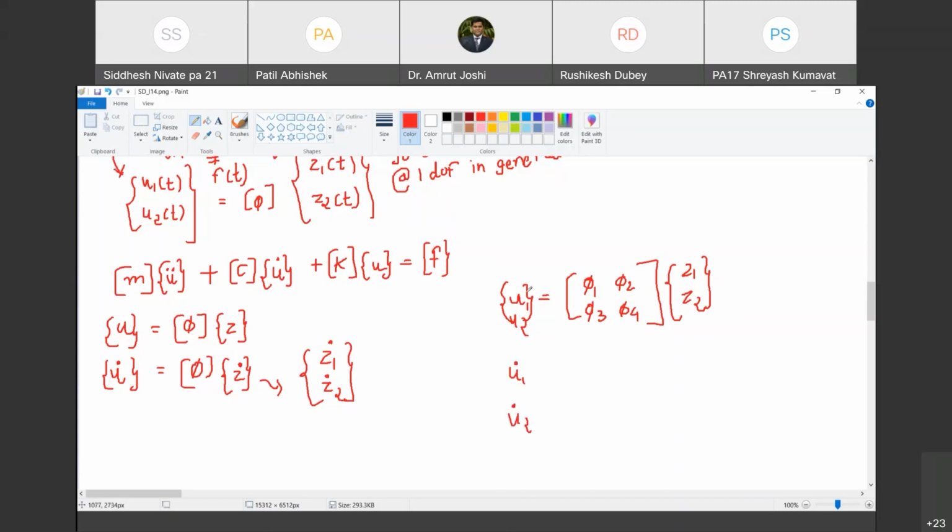Yes, sir. Let me expand the first row. What do I get? U1 is equal to phi1 Z1 plus phi2 Z2. Are you with me? U2 is equal to phi3 Z1 plus phi4 Z2. Happy? Yes, sir. Now, what is U1 dot? Tell me. U1 dot is phi1 Z1 dot plus phi2 Z2 dot.